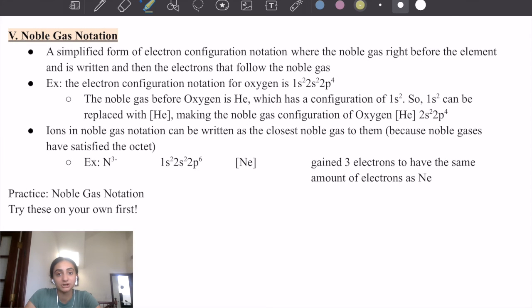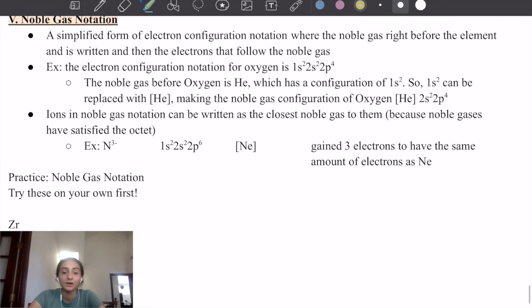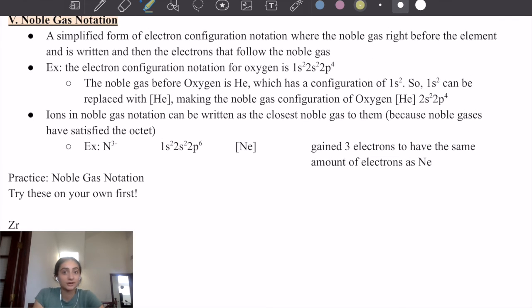Another form of notation for quantum mechanics is noble gas notation. This is a simplified form of electron configuration notation where you basically write the preceding noble gas and then the electron configuration that follows. For example, we have oxygen, which has an electron configuration of 1s2, 2s2, 2p4.